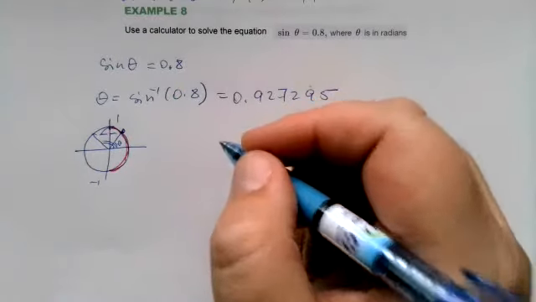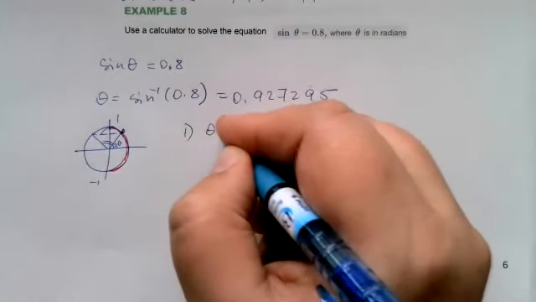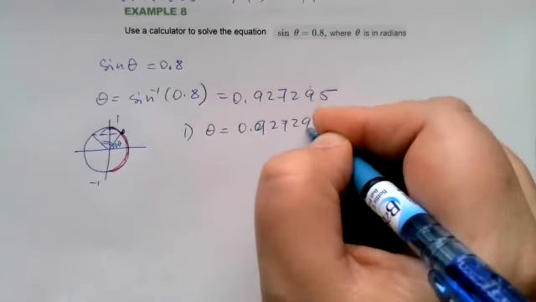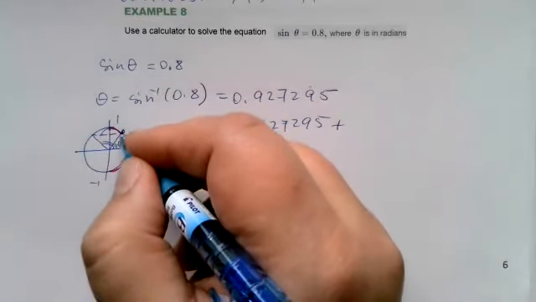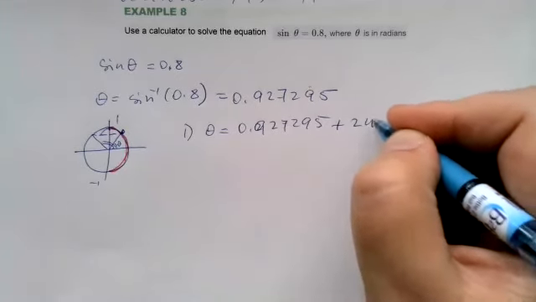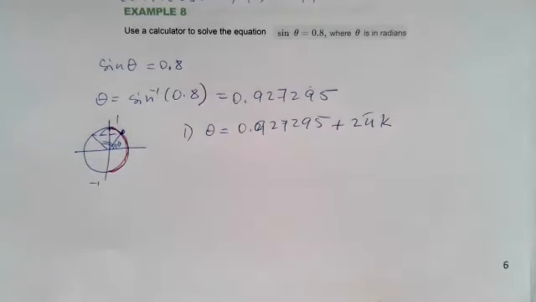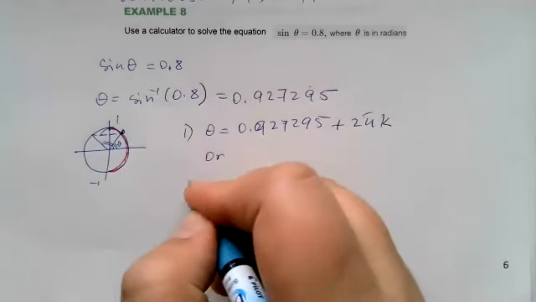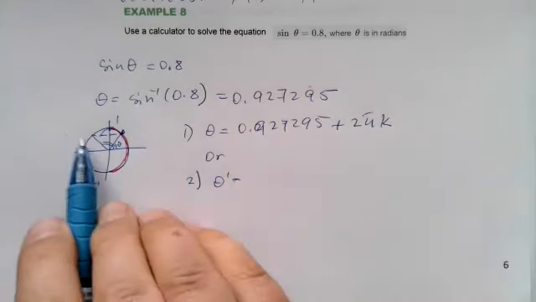Okay, it's gonna get too busy. So the first set of solutions is theta equals 0.927295, and we're gonna add 2 pi on top of that angle, so 2 pi k. We're gonna specify what k can be later. But also, that's gonna be our second solution, theta prime, is this angle.